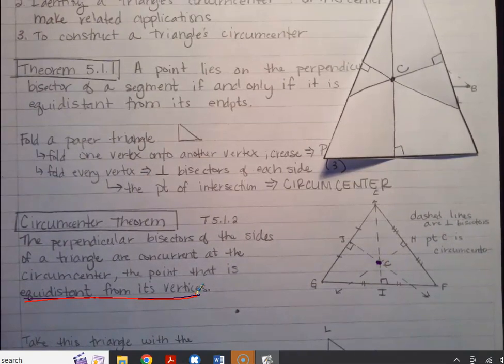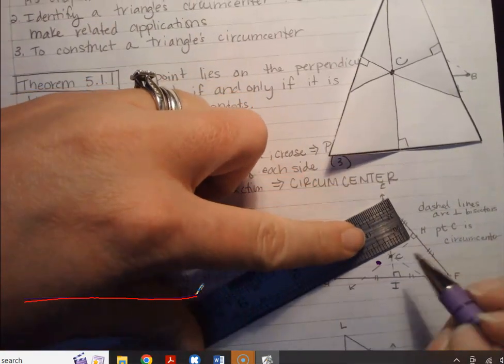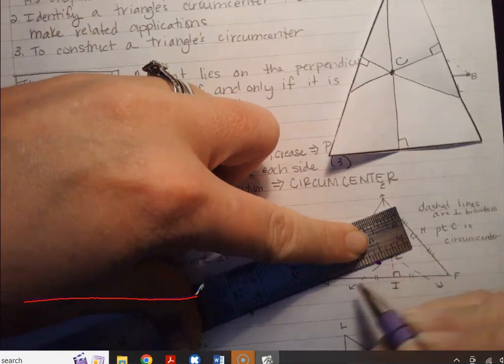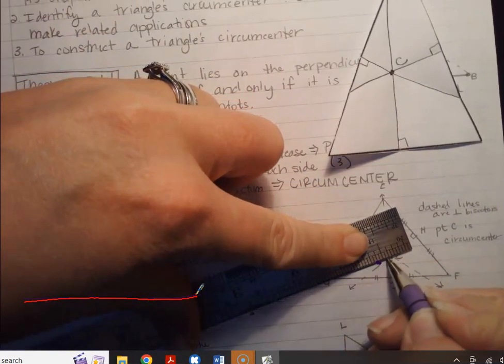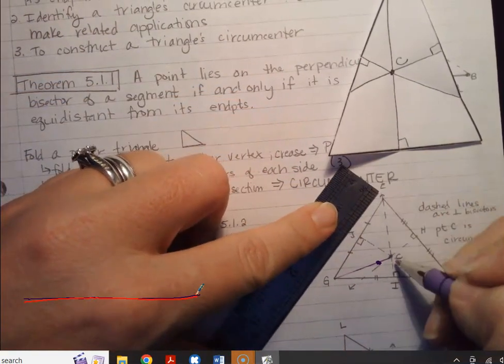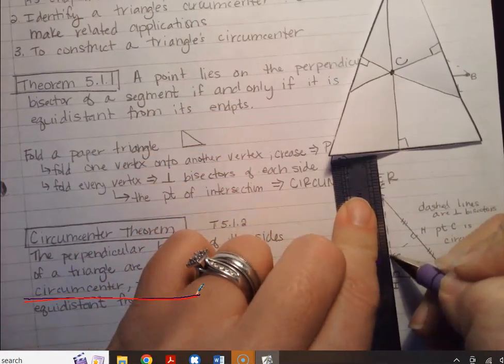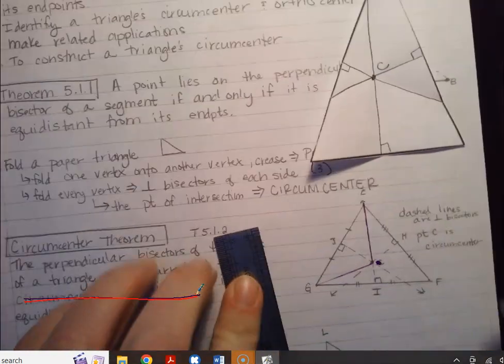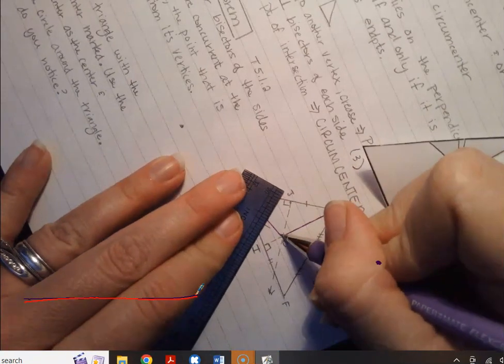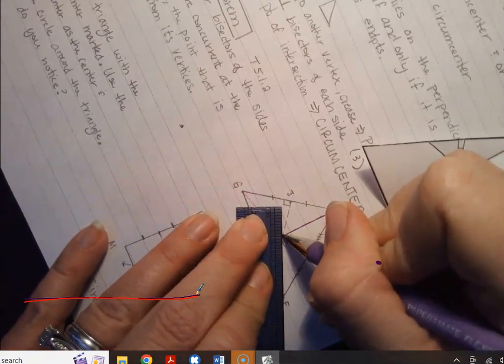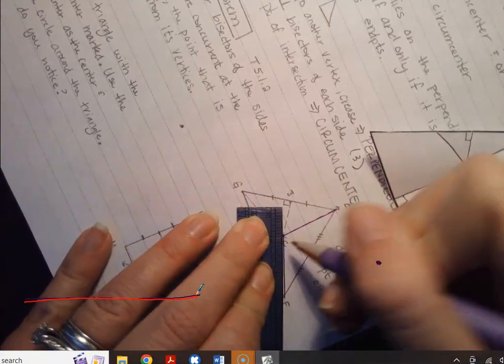Equidistant from its vertices means that the distance from this vertex to this vertex is the same as from the circumcenter to this vertex, and from the circumcenter to this vertex.